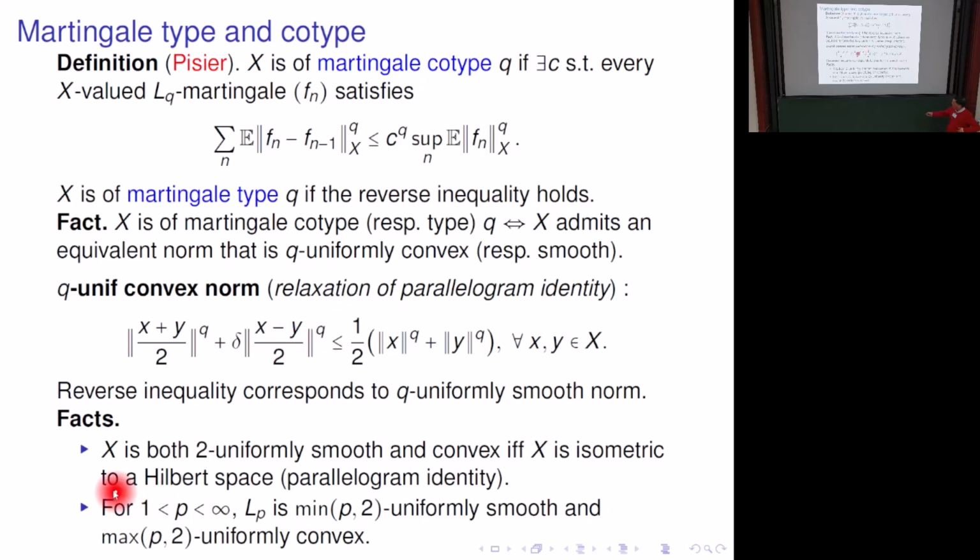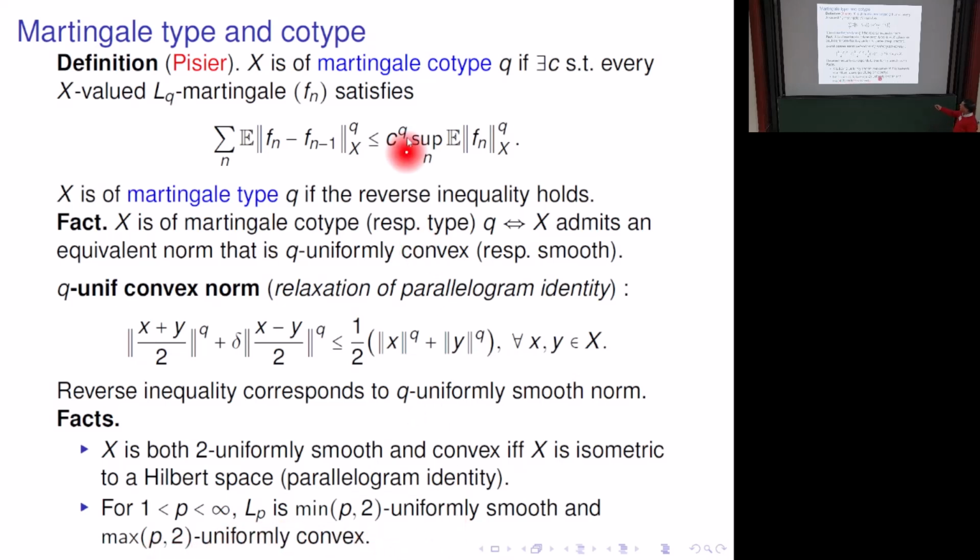Okay. So some facts I mentioned before: if X is both 2-uniformly smooth and convex, then X must be a Hilbert space. Of course, the converse direction is true. For example, any LP space, commutative or non-commutative, or the Schatten P class: if P is strictly between 1 and infinity, then LP is min(P,2) uniformly smooth and max(P,2) uniformly convex.